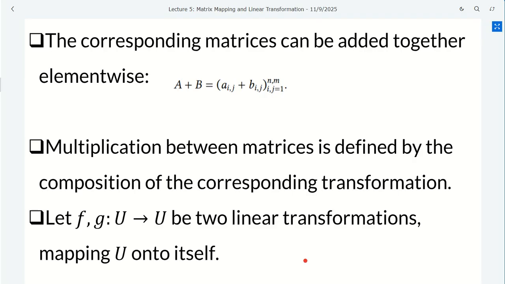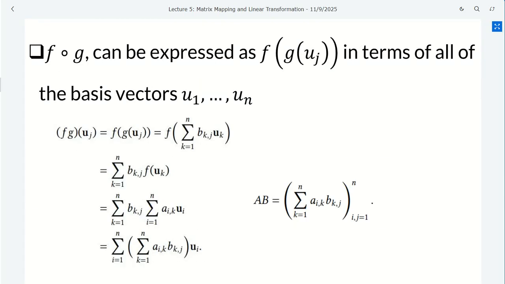So even when you compose the matrices that we use in transformation, it's equivalent to adding. For multiplication, we can also have the same thing, where we want to multiply two matrices. It's the same as transforming one, then transforming again.